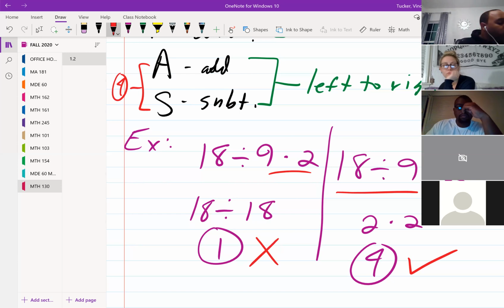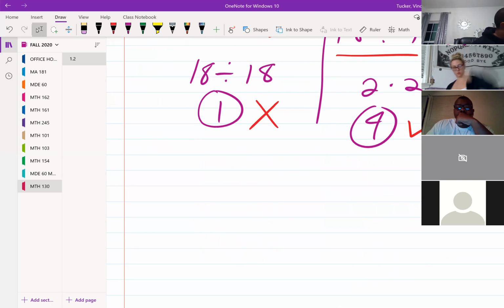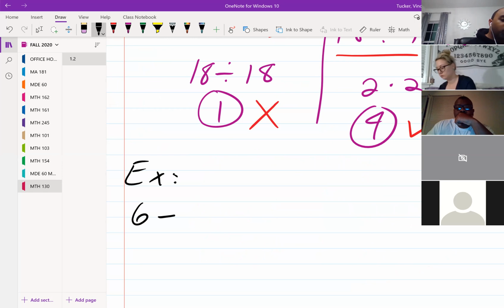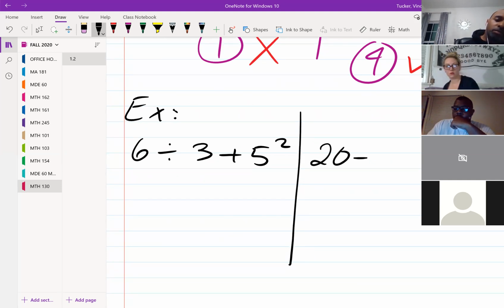All right, so let's look at one. We have 6 divided by 3 plus 5 squared.